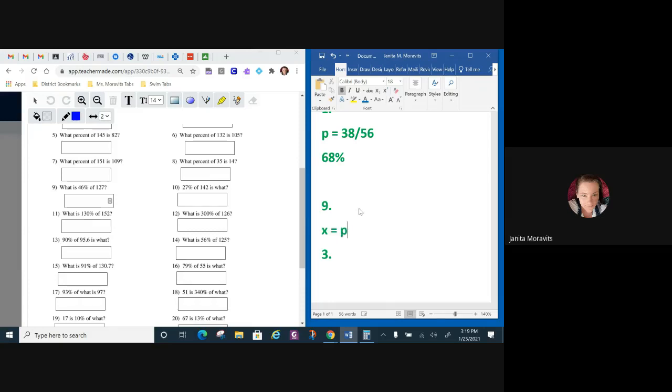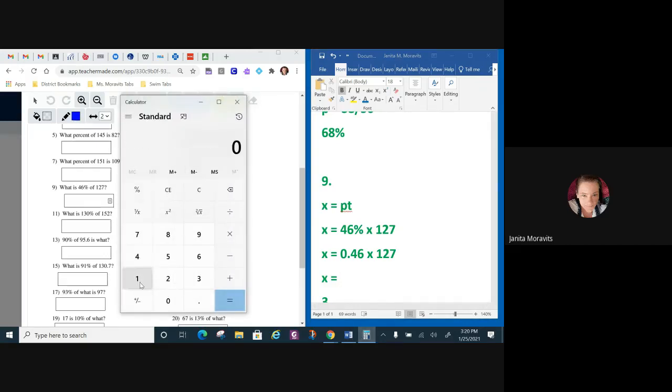Always capitalize the X. X equals the percentage, I'm sorry, not the part, the percentage, I hope I didn't confuse you. 46% times the total, which is 127. So X equals 0.46 times 127.